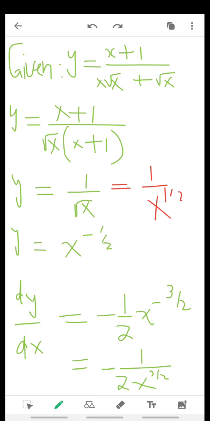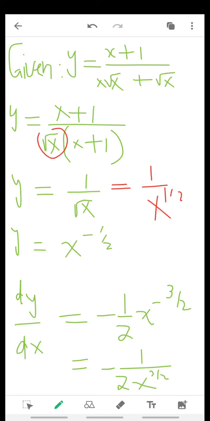And before I change this, I also notice that I've got two terms in the denominator, which means take out the common factor. So what is common there is my square root x. So root x into x root x, I'm left with x. And then root x into root x plus 1. Okay, then the x plus 1 cancels, and I'm left with just 1 all over root x.